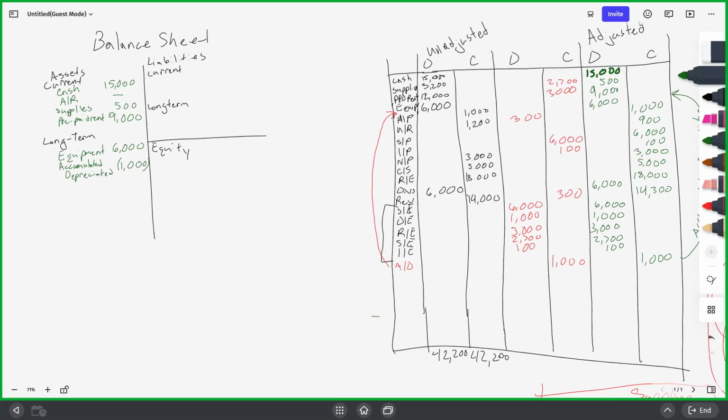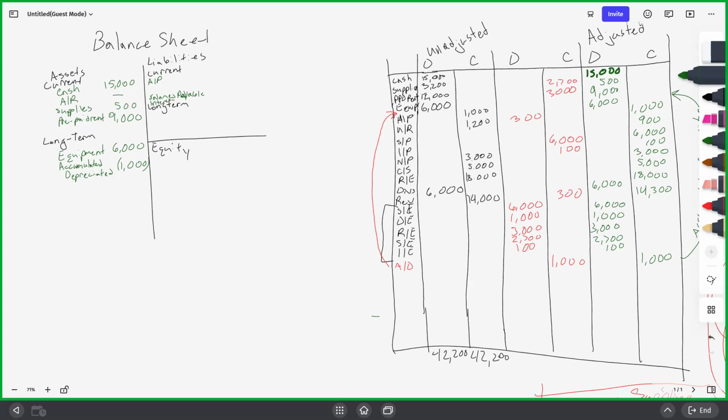What are the current liabilities? Salaries payable. And then accounts payable. You're missing a couple, interest payable.